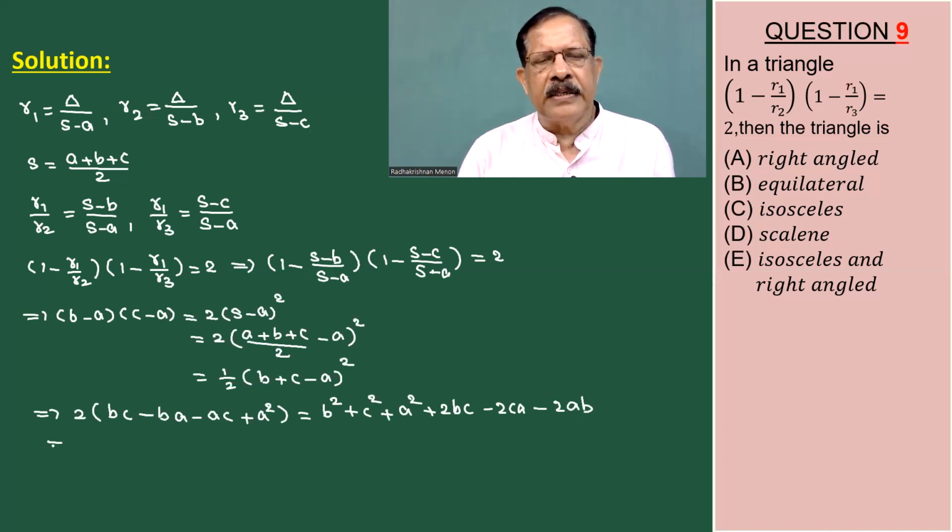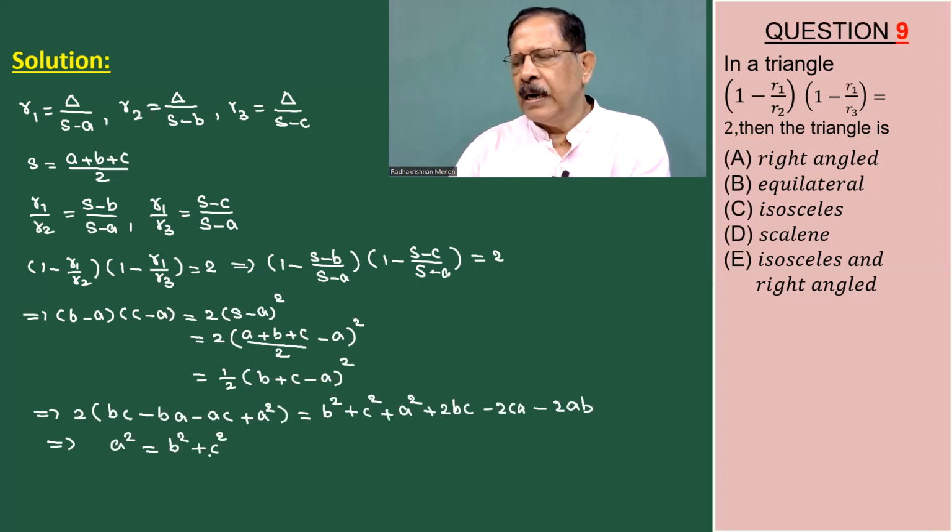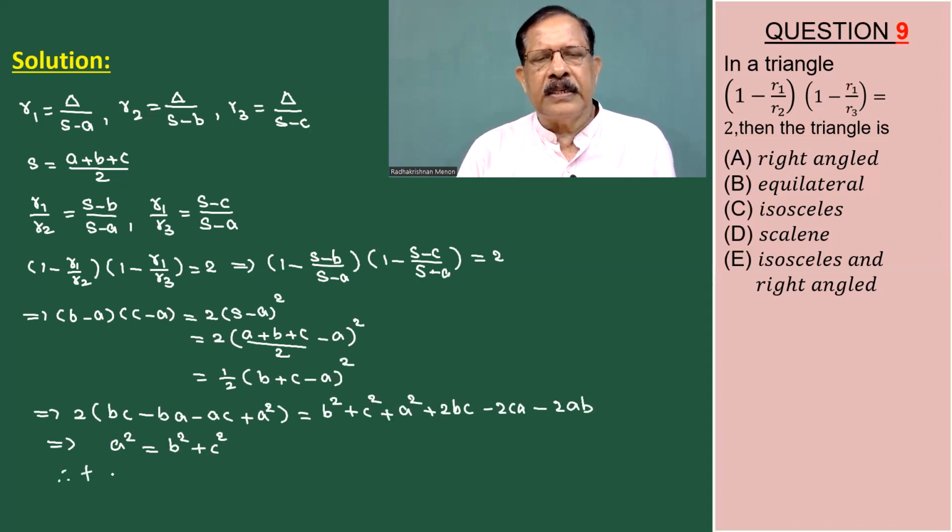On simplification, you will be getting A² equal to B² + C². If A, B, C are sides of a triangle and this equation is satisfied, then this is nothing but the Pythagoras theorem.